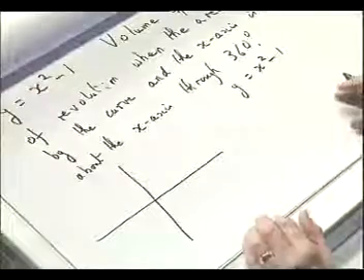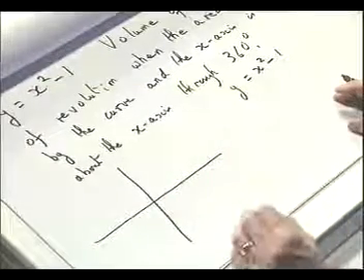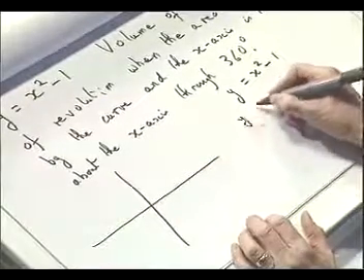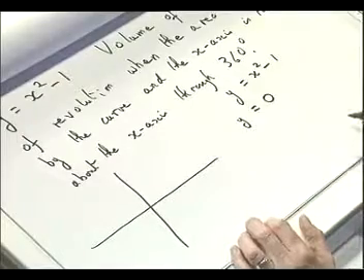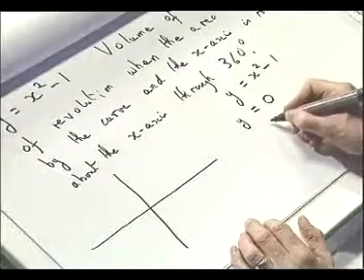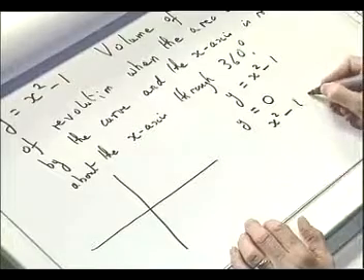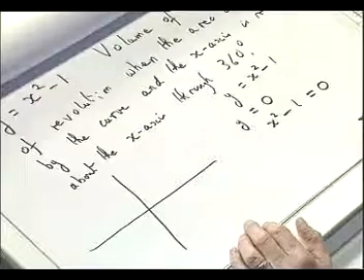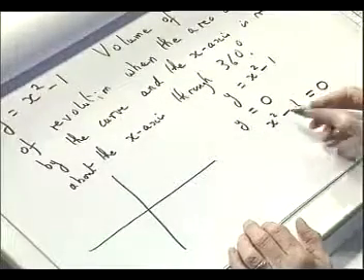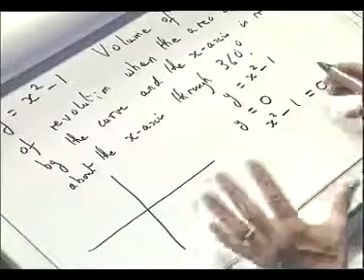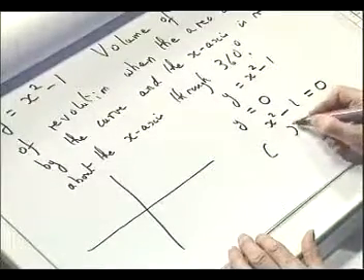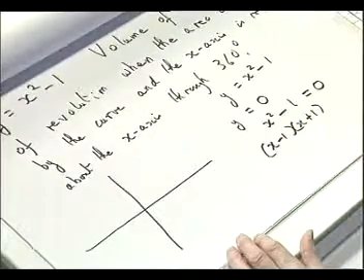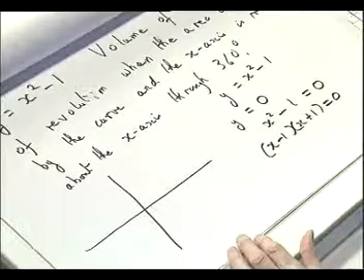One of the things that will be useful to know is where does it actually cross the x-axis? So in order to do that, on the x-axis, we know that y equals 0. So let's write that down. Y is 0, so x squared minus 1 must be 0, where it crosses the x-axis. So we can factorise this, and this is x squared minus 1, so it's the difference of two squares. So we'll factorise as x minus 1 and x plus 1 equals 0.